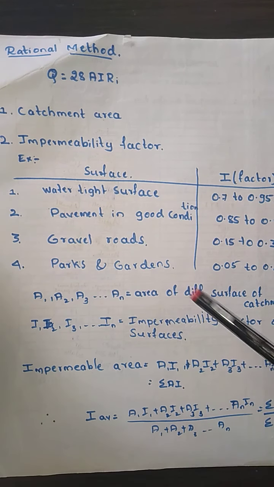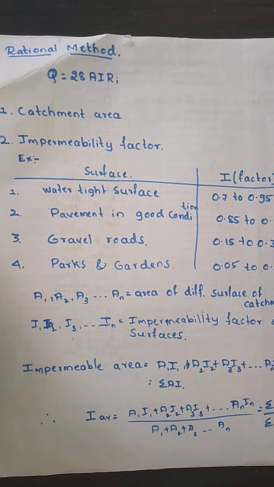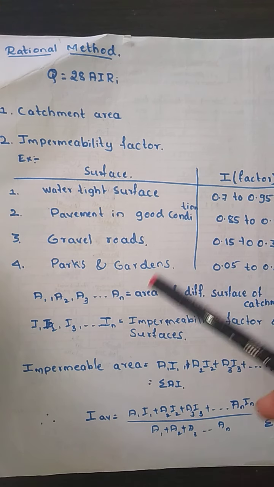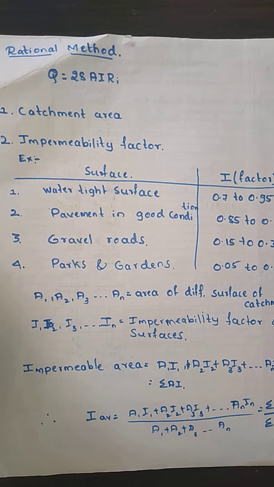In parks and gardens the imperviousness is very low, 0.05, since they have soil without any impervious surface, so most of the water that flows gets absorbed. So the impermeability factor is less.